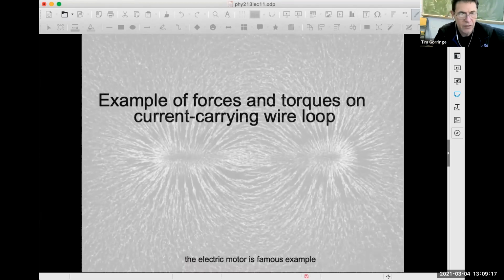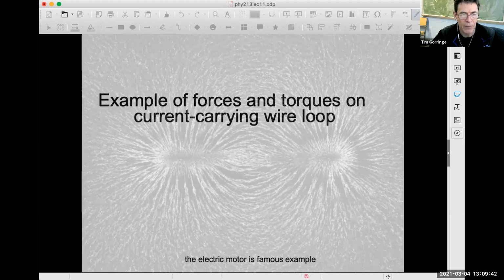And we're going to return to loops of wires and magnetic fields later on, because understanding loops of wire in magnetic fields is the heart of understanding the electrical motor, it's the heart of understanding the electrical generator. It's the heart really of our modern technological lifestyles.